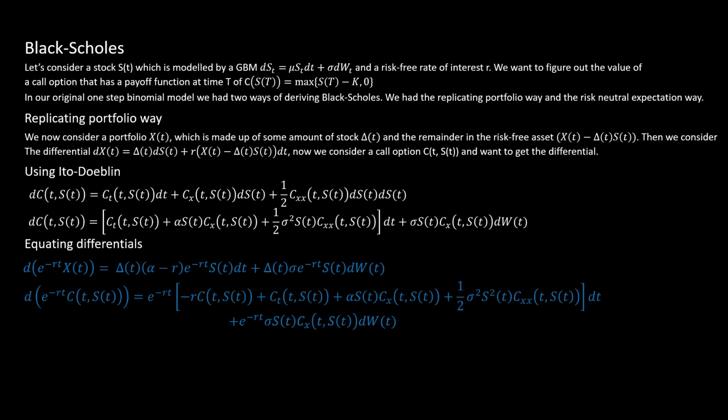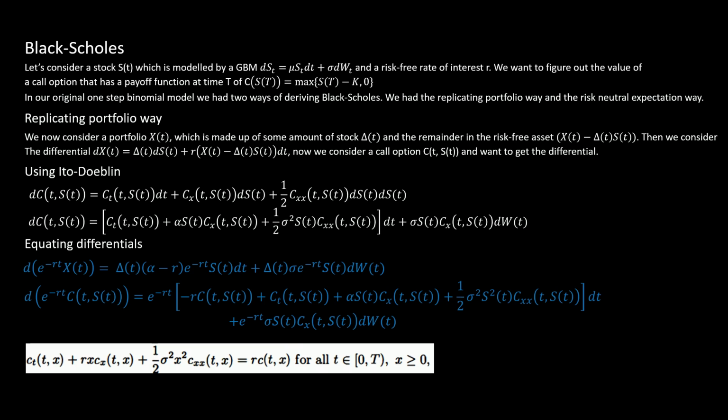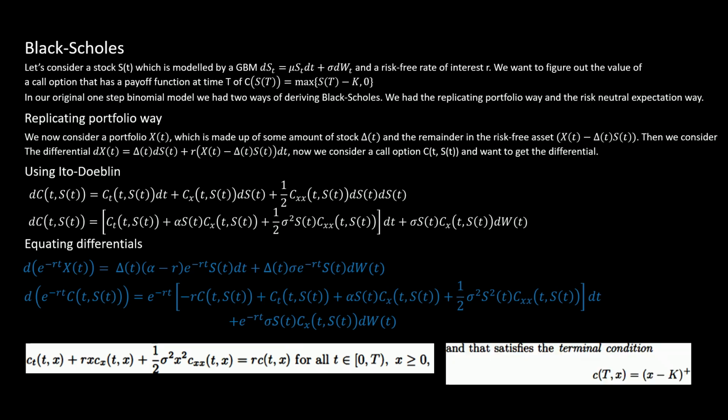We are going to get the discounted value of dX. And again, to get the next stage, we're going to have to use Ito-Doeblin on both of these. So, we're going to have to do more derivations. And finally, if you equate these two and solve, you're going to get the following partial differential equation with the following terminal condition.